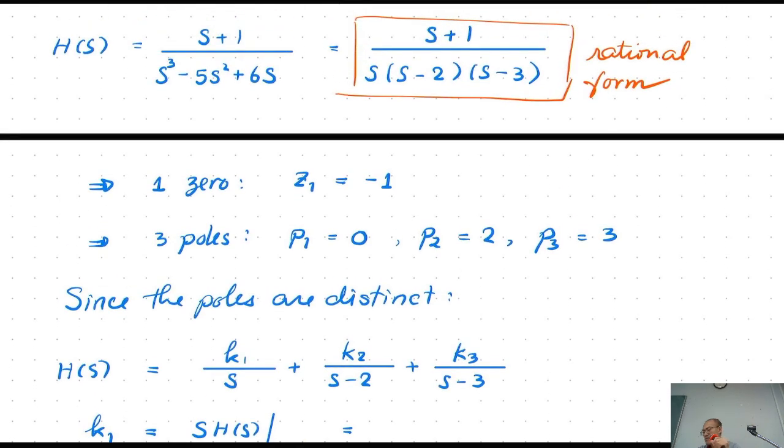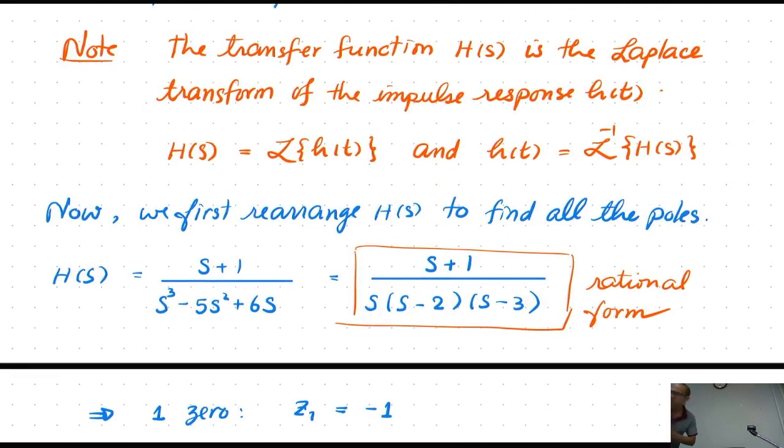Now we have to go back to the original H. When we multiply it by S, the factor S in the denominator is gone. So we're left with only this term, right? And then once we know this, we plug in S equal to 0.